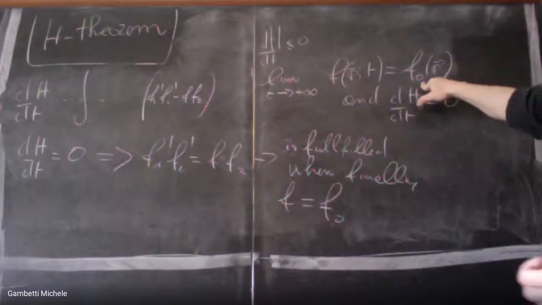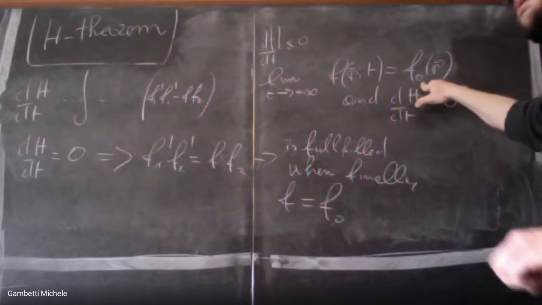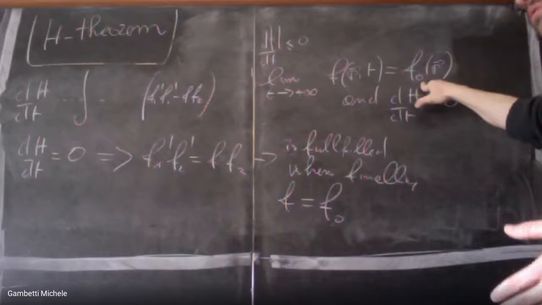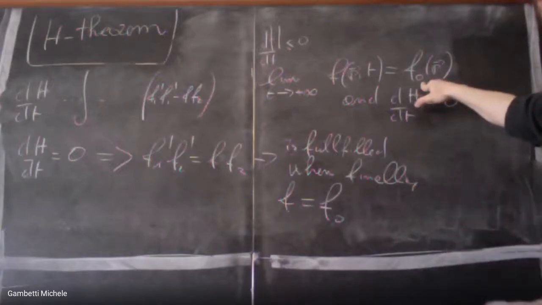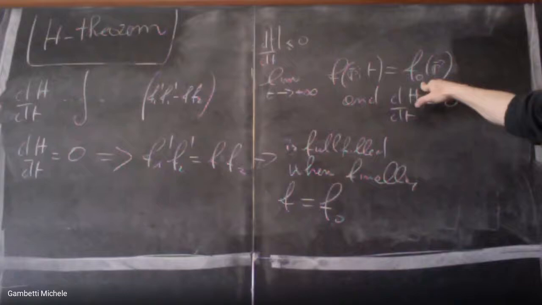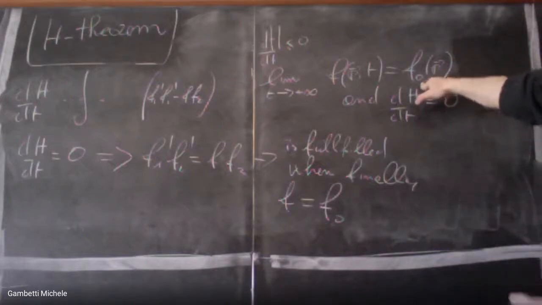So we now have a microscopic definition of equilibrium, whereas in thermodynamics, equilibrium is just a situation in which the macroscopic quantities, like energy, pressure, and so on, are stationary.